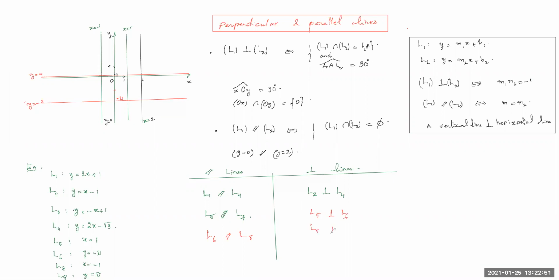L5 is also perpendicular to L8. The property is commutative. So this is how we can deduce those two properties from the equations.